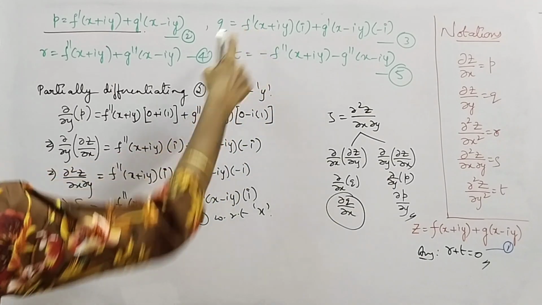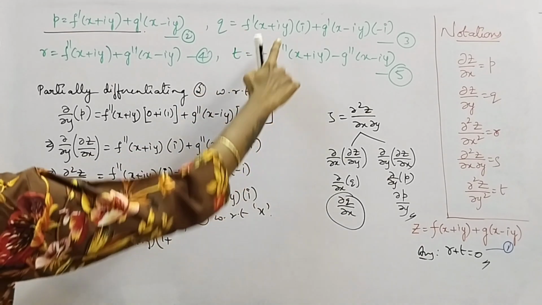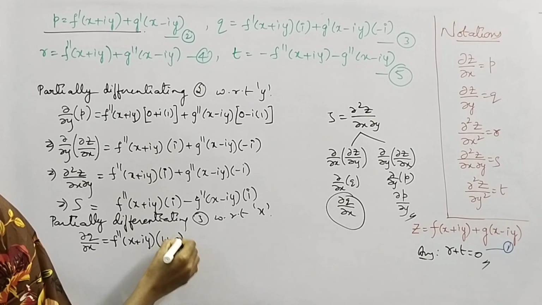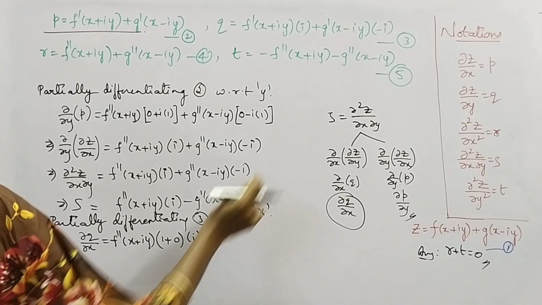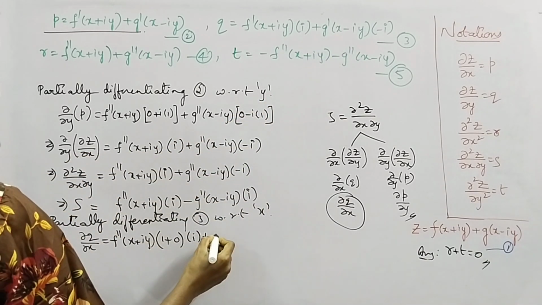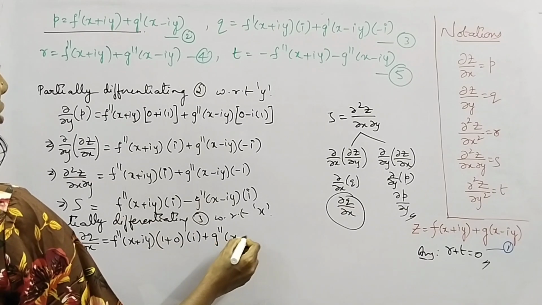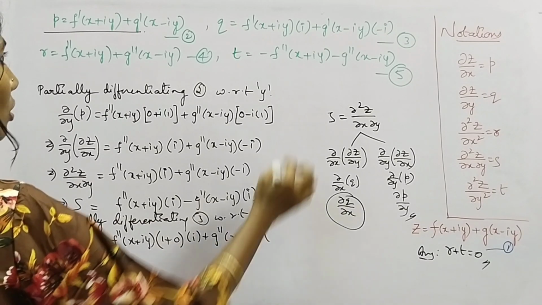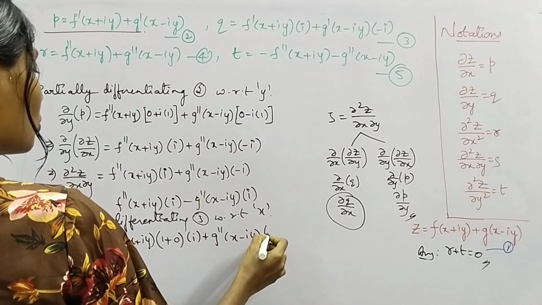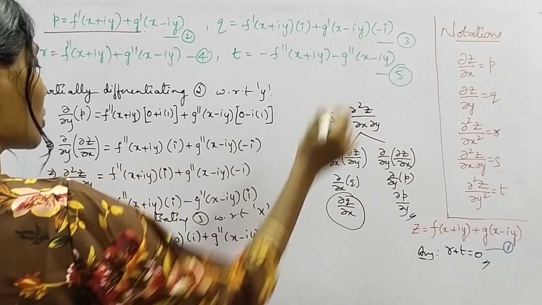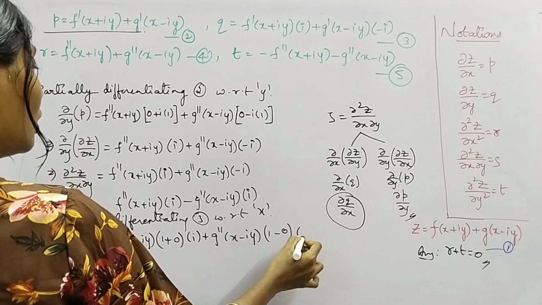Partial derivative of x with respect to x is 1, plus partial derivative of a constant with respect to x is 0 into i, plus the partial derivative of g dash with respect to x is g double dash of x minus iy into the inner derivative. Partial derivative of x with respect to x is 1, minus partial derivative of a constant with respect to x is 0 into minus i.